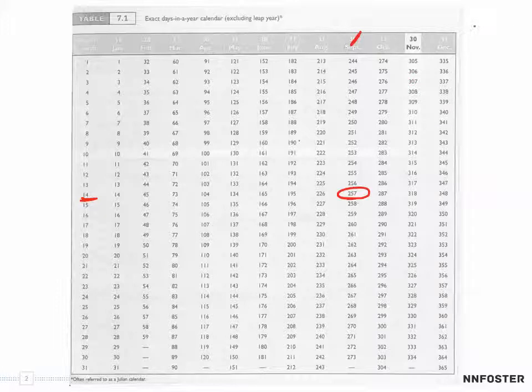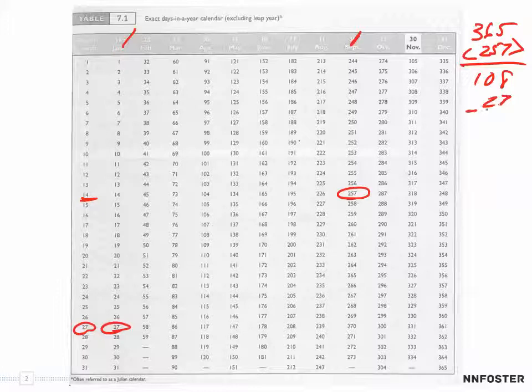We're going through the end of the year, so that's 365 less the 257, which is 108 days from September 14th to the end of the year. Since we're crossing years, now we're in January and she's paying it back on January 27th, so we add in 27 more days. We end up with 135 days that she's borrowing that money.